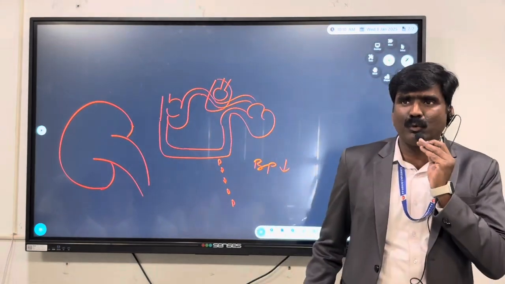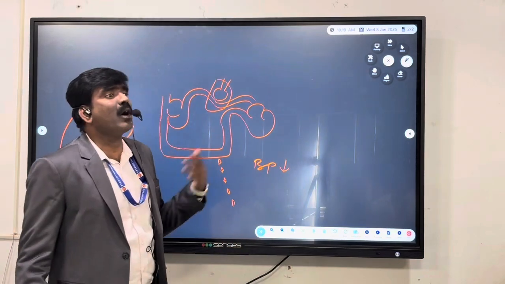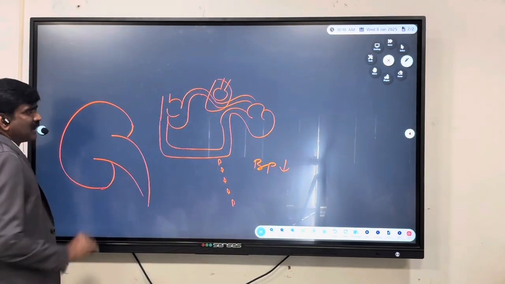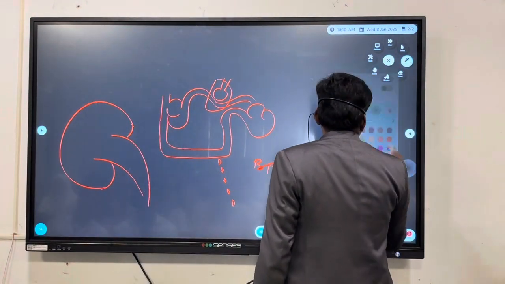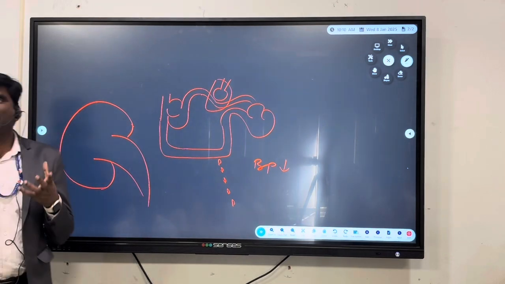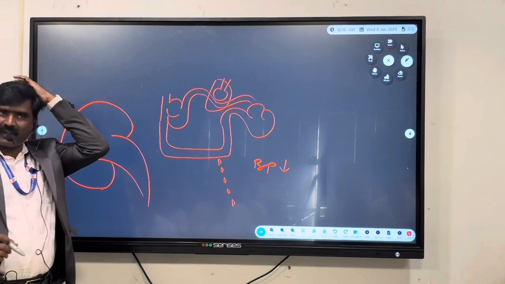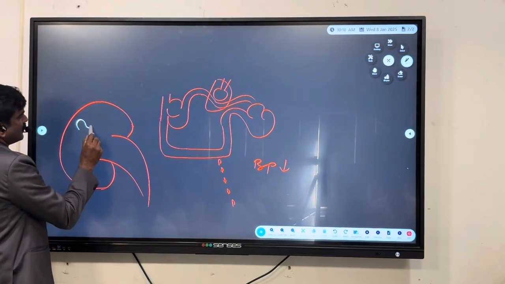So these are the few systems which come into play during long-term regulation, right? Okay. So kidney plays a major role in the long-term regulation. What is the functional unit of kidney? Nephron. Okay. So I'll draw one nephron.